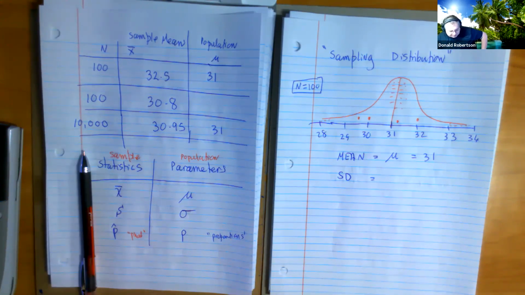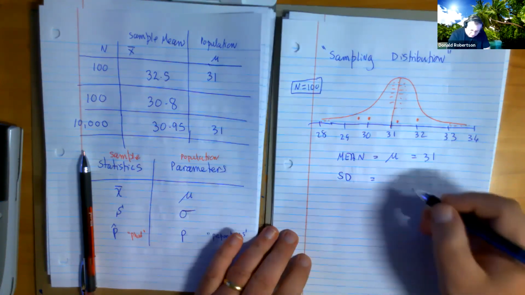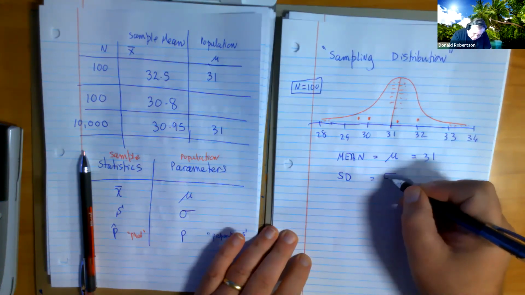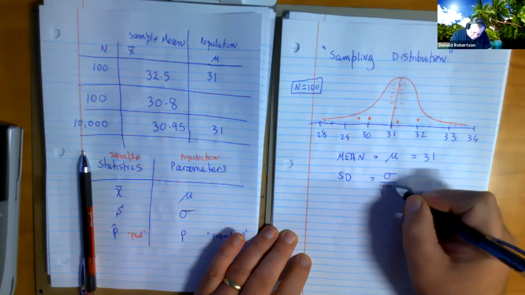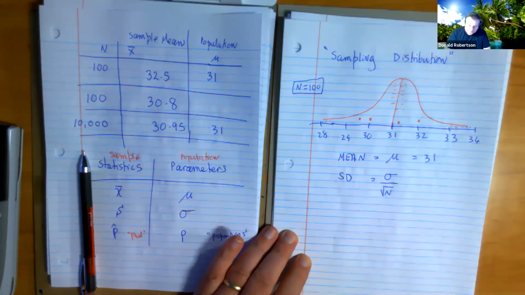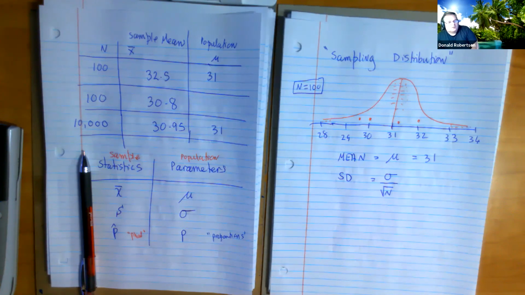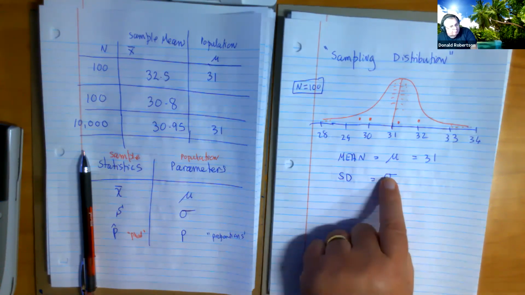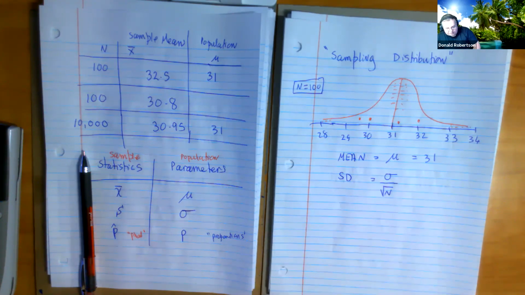The standard deviation that you typically get from this is this guy: sigma, which is the population standard deviation, divided by the square root of n.